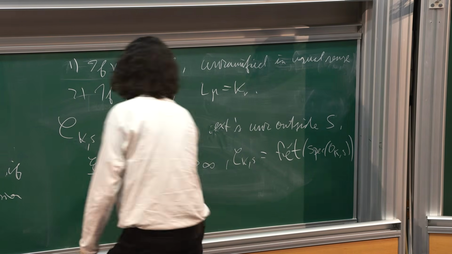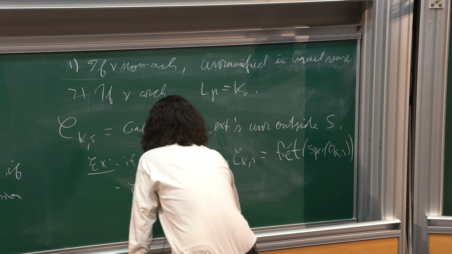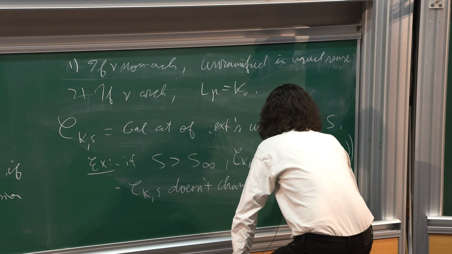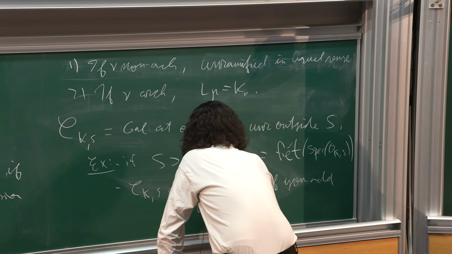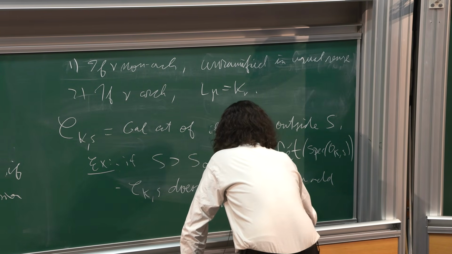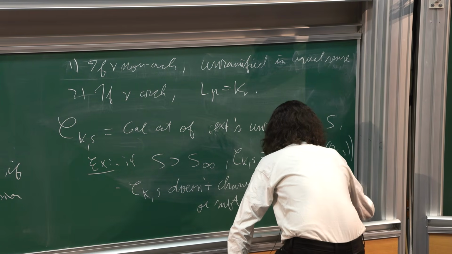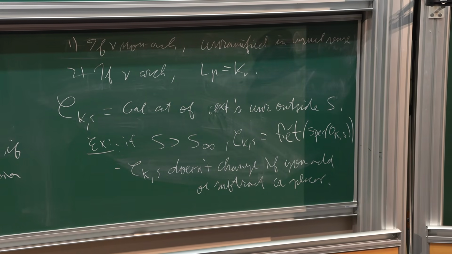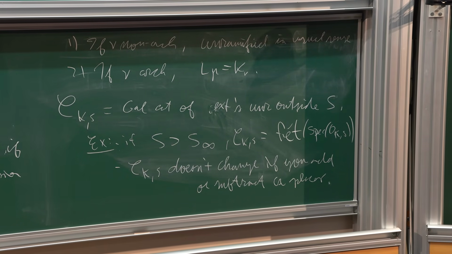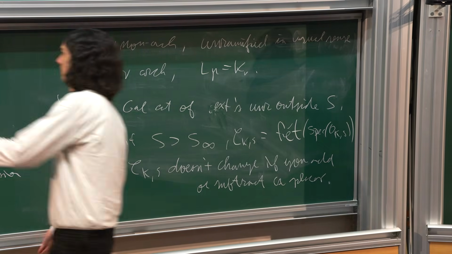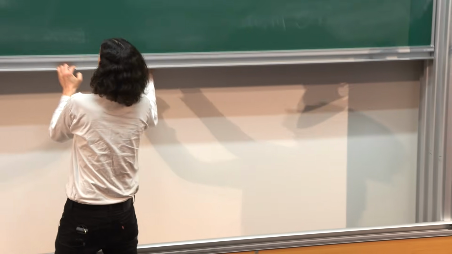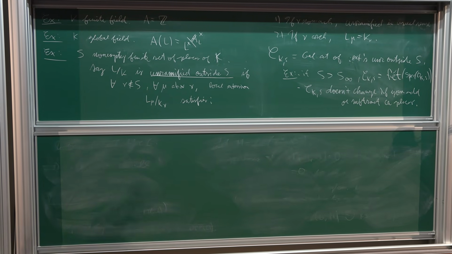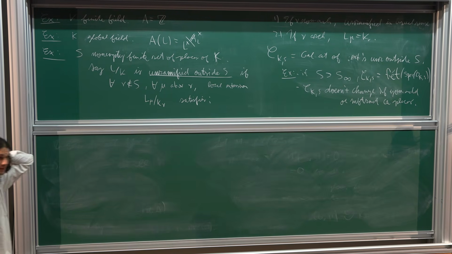So that's one example. And another thing to note is that the Galois category doesn't change if you add or subtract complex places. If you have a complex place, then this condition is automatic because there's no way to get a non-trivial extension of C. But while the Galois category is not going to change when you add or subtract complex places, the notion of class group will change. So that's why we allow this.